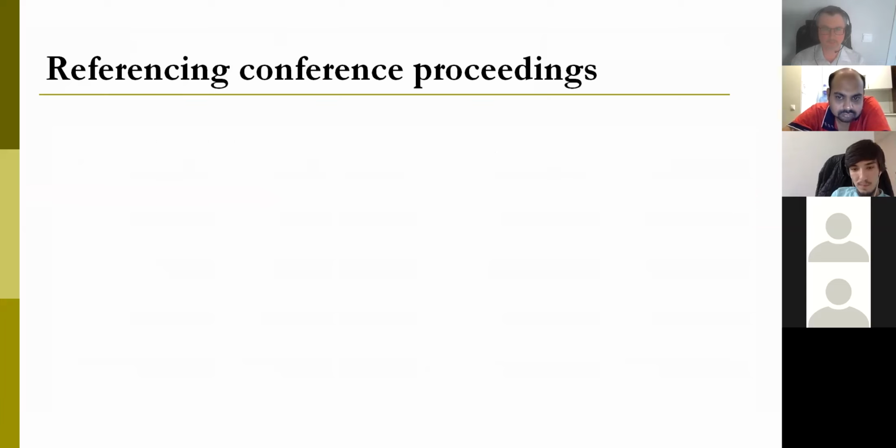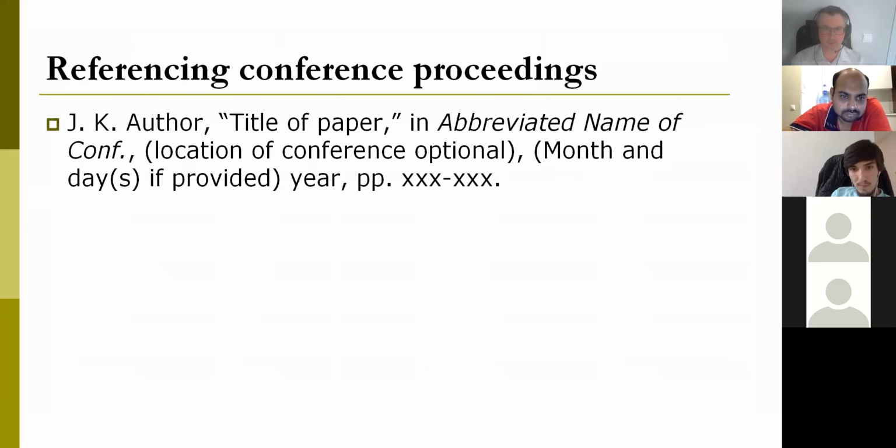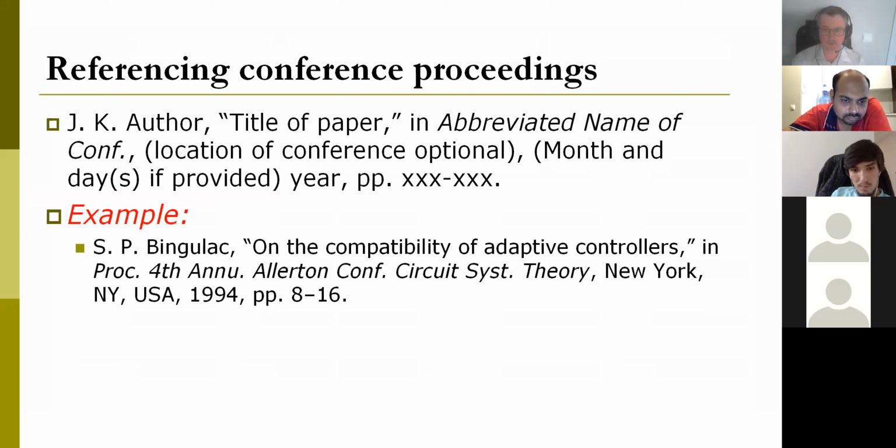And the last one, referencing conference proceedings. Let me show you the example too. Once again, the conference proceedings are tricky with the abbreviations.